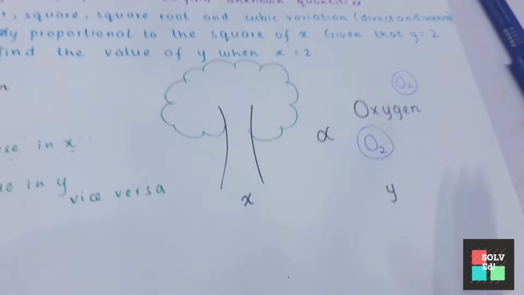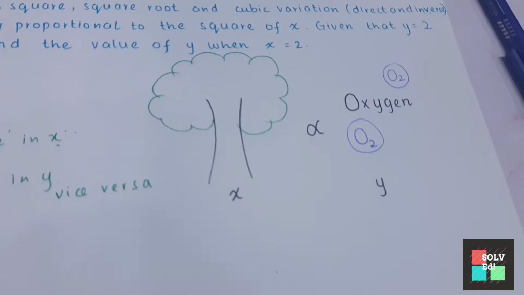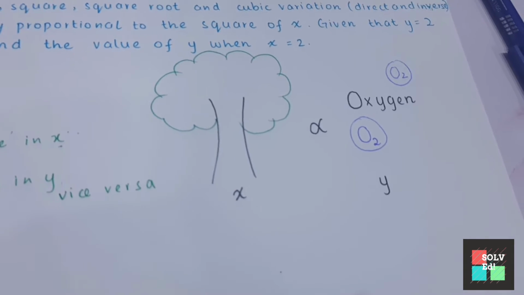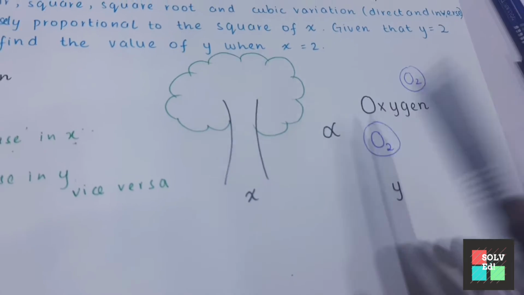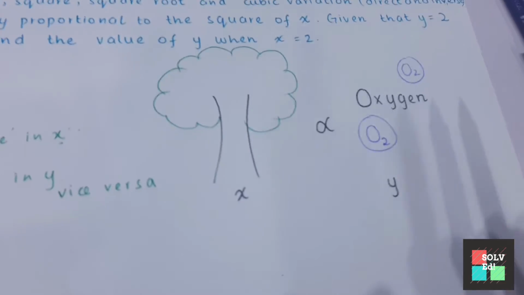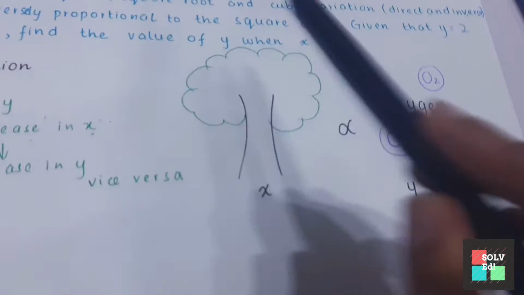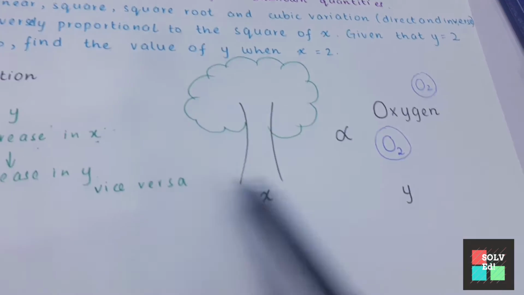And assuming that all the other variables remain constant, there is no change in any other factor that may influence the amount of oxygen, we can also deduce that more y or more oxygen may mean that there are more trees planted.